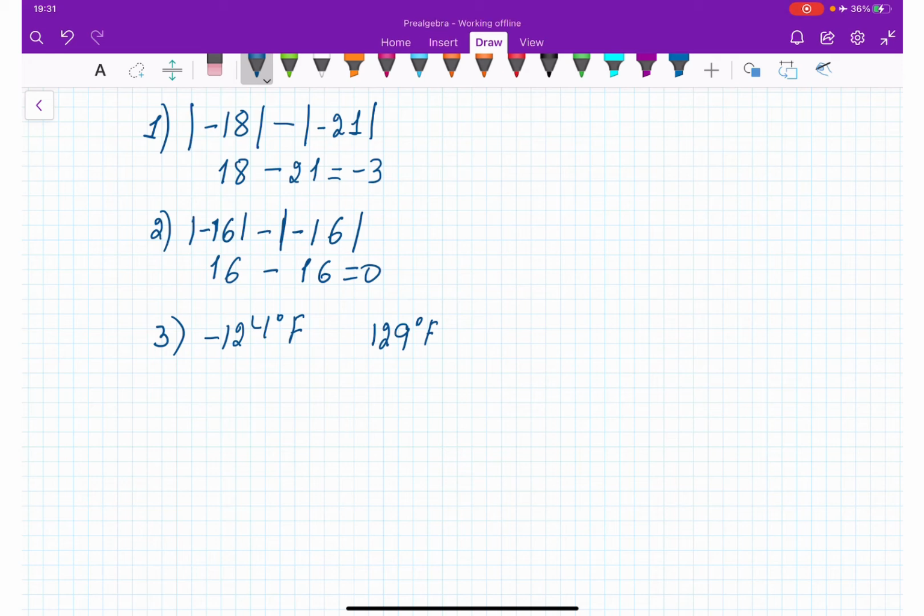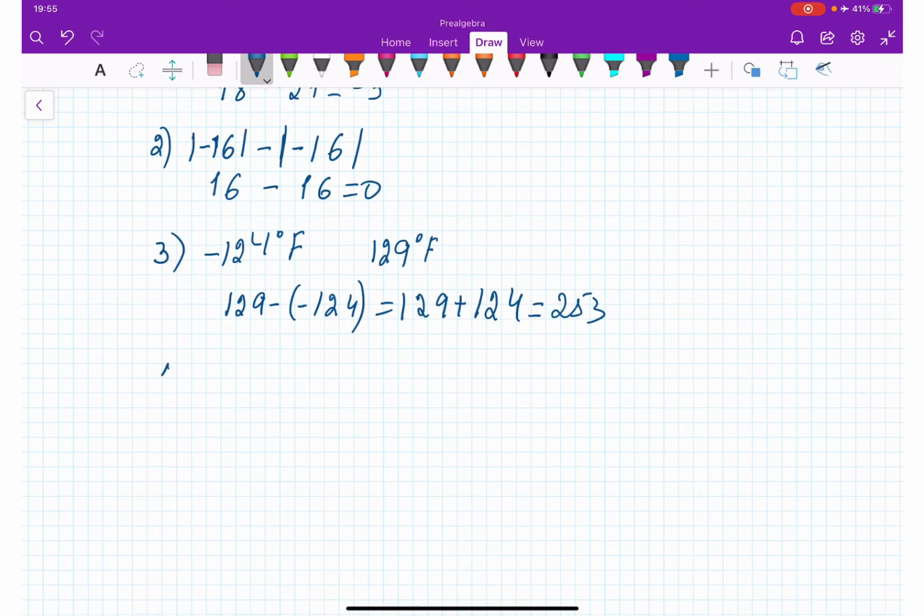How many degrees warmer is 129 than negative 124? So what we need to do is 129 minus negative 124. This is going to be equal to 129 plus 124, and that is equal to 253.